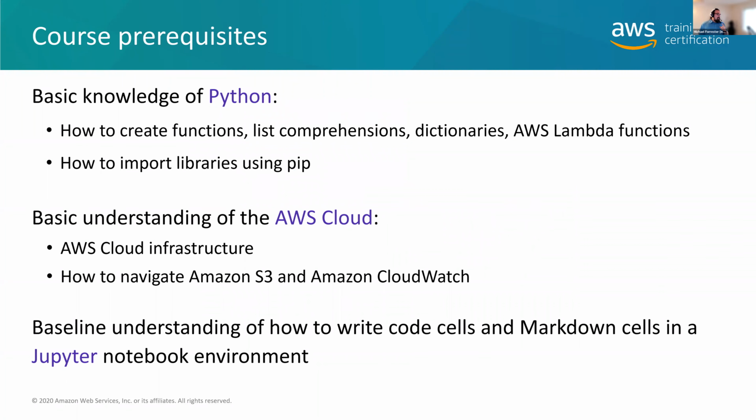So there it is. Basic knowledge of Python, a basic understanding of AWS Cloud. They do assume that you have a cloud practitioner's level of knowledge of AWS. Just be aware that when you take the exam, they assume that you have an architect's level of knowledge of AWS. This class only requires a cloud practitioner level.